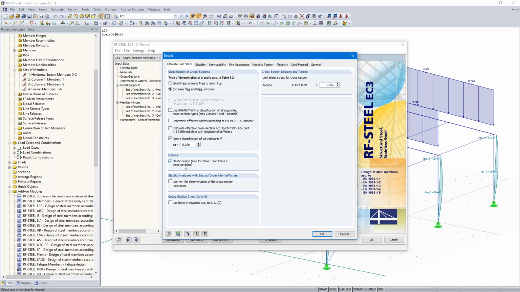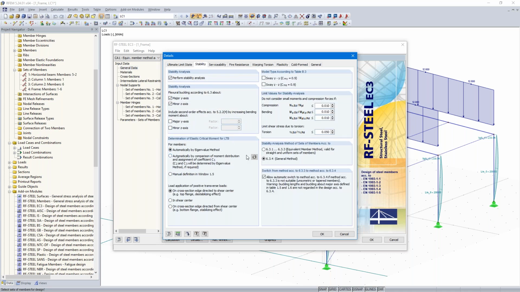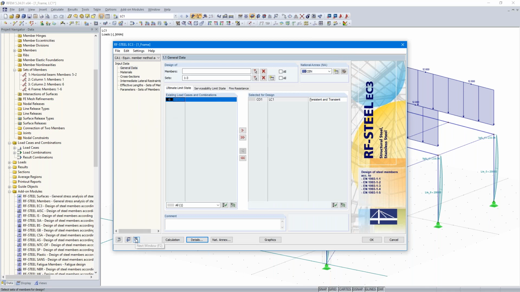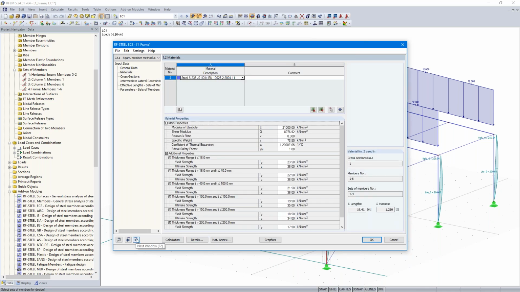If I select that, the add-on module would be an elastic design for cross sections class 1 or 2. We do a plastic design in that webinar. Next, in this mask or dialog, I choose here the equivalent member method. Okay, that's all. Then we can turn to the next dialog.